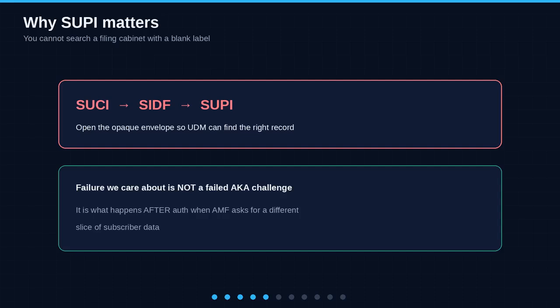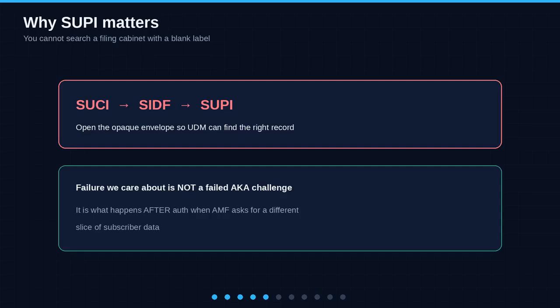That is important. The failure we care about is not a failed AKA challenge. It is what happens after authentication when the AMF asks for a different slice of subscriber data. Remember the sequence: authenticate request into AUSF, get request into UDM, optional SIDF deconceal of SUCI to SUPI, authentication material back.